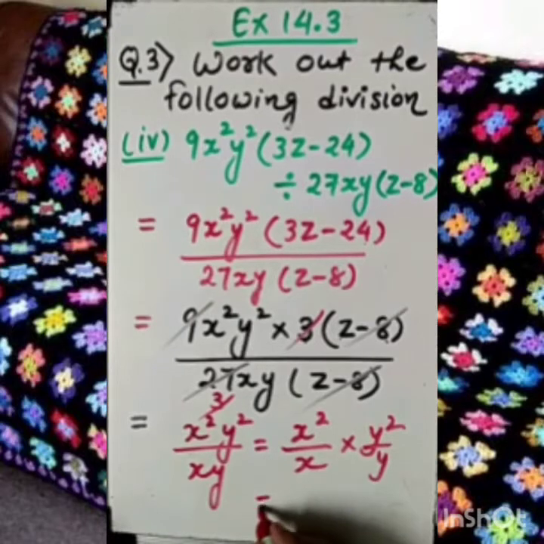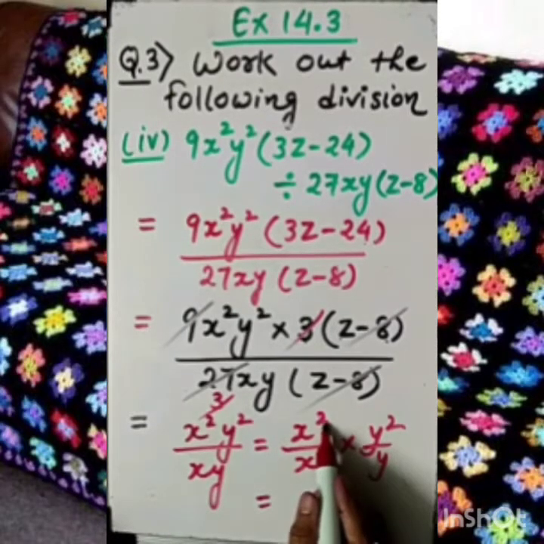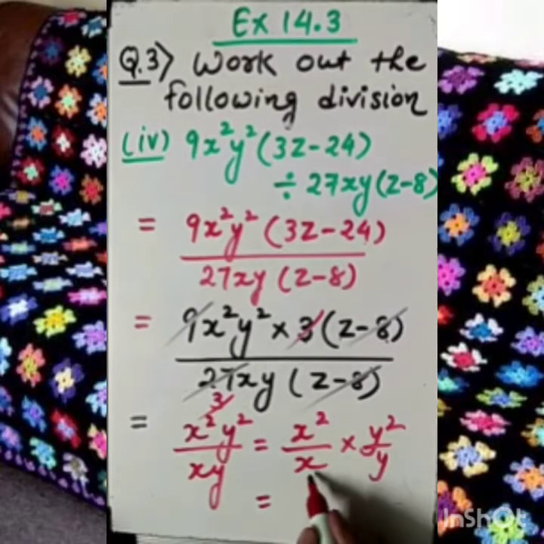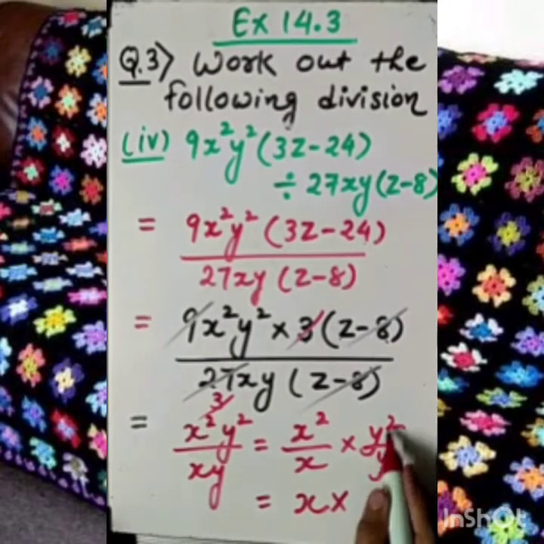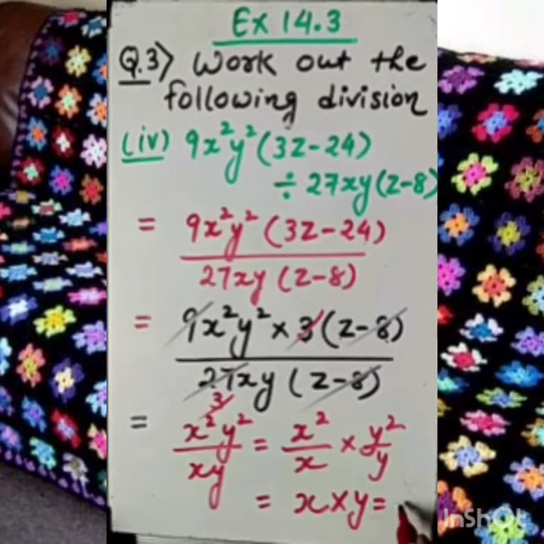One time, here it is given 2 times, x into x 2 times. One time it will be cancelled, so one time x is left, and here one time y is left. The same procedure here: 2 times y, one time y cancelled, so one y will be left. So the final answer is x into y, that is xy. Easy.